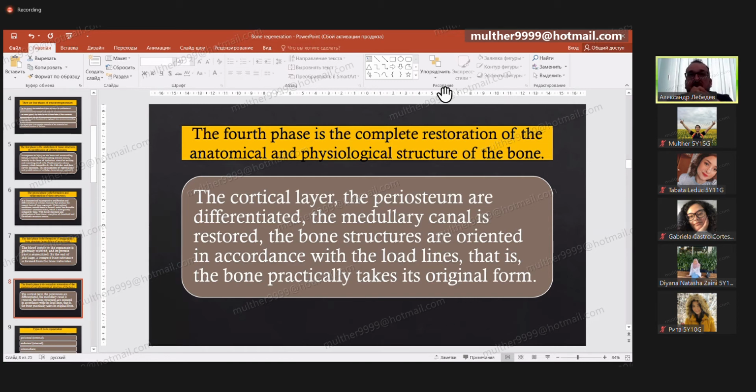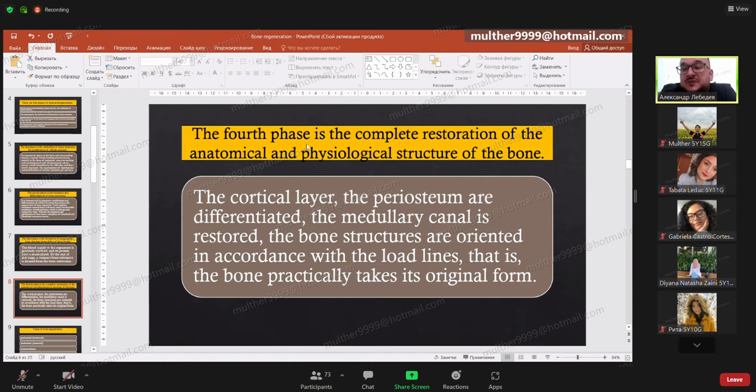Why? Because we must check the remodeling of the intra-bone vessels. We must check that the intra-bone pressure is normal. We must check that the mechanical characteristics of these bones stay normal too.